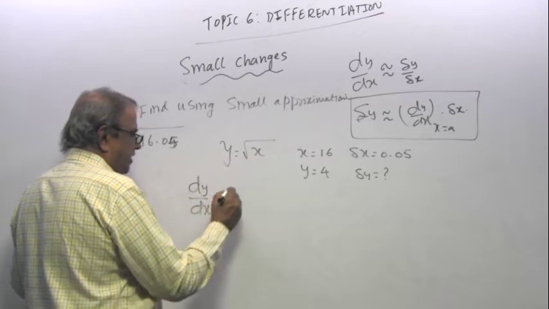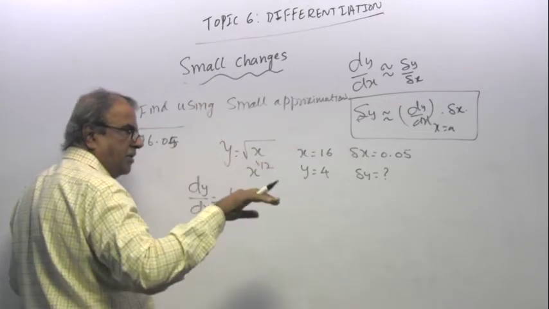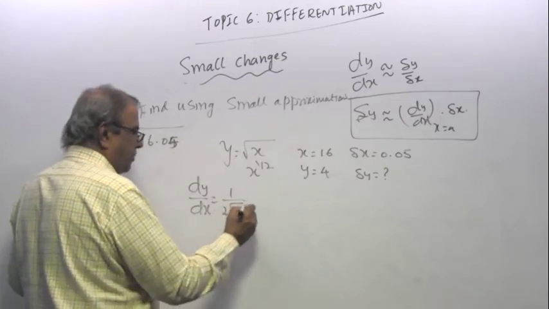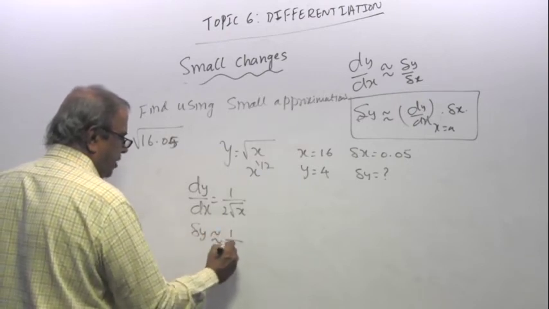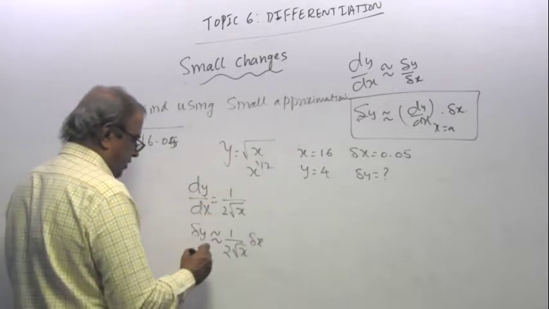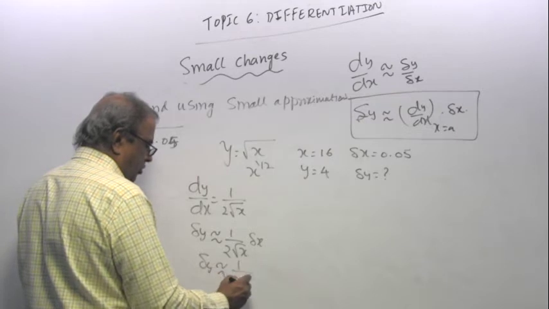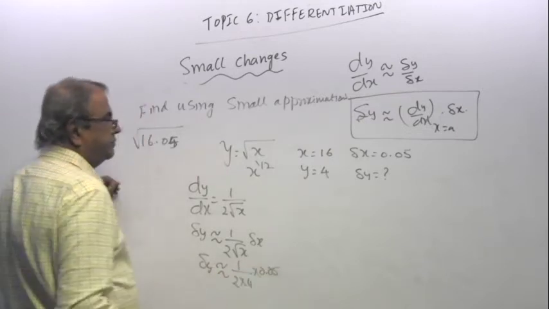Dy by dx, this is x to the power half, gives you half x to the power minus half, write it as 1 over 2 root x. So delta y is approximately 1 over 2 root x times delta x. Put the values. So delta y is approximately 1 over 2 times 4 times 0.05.